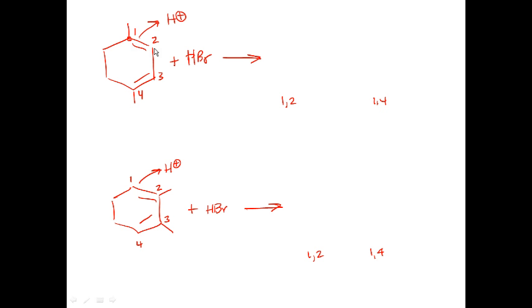Well, no. I'm going to define Markovnikov's rule as you add the H plus to the carbon that gives you the most stable intermediate. So if you're curious, add the H plus to carbon 2 after you've added it to carbon 1.